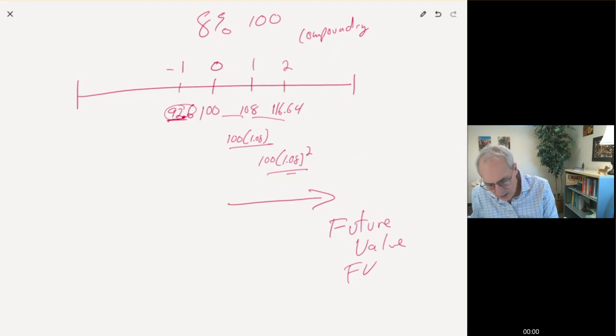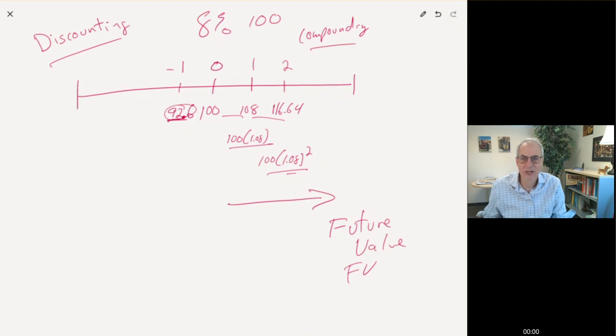And when it gets smaller, it's what we call, starts with the letter D. What word represents going backwards or getting smaller with the letter D? It's what you love when you go to the store. You always want to get a smaller price, a discounted price. So this is what we call discounting. You need to know those terms. Compounding is when things get bigger, discounting when they get smaller.